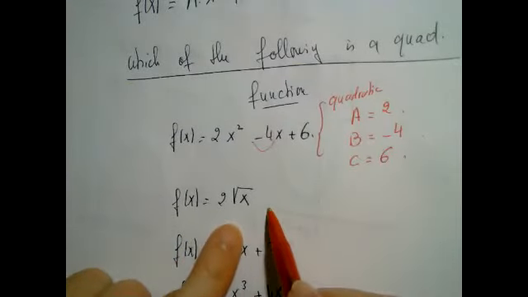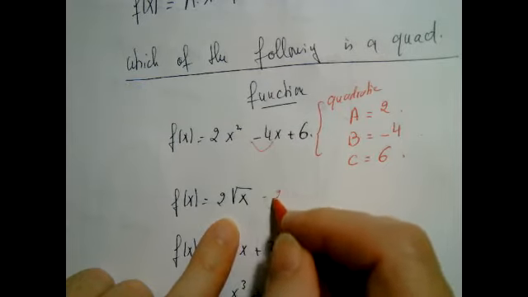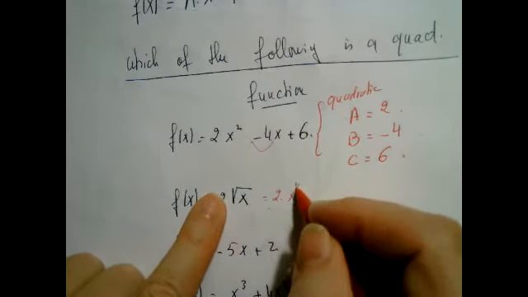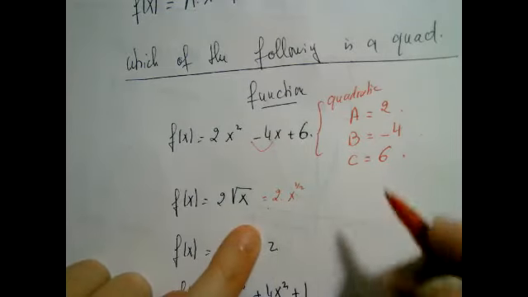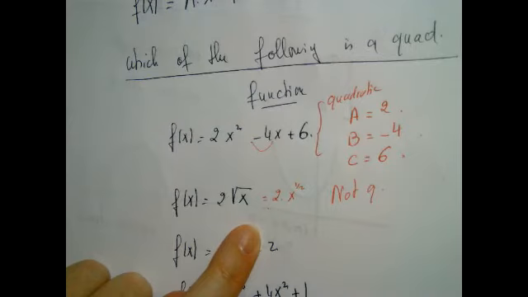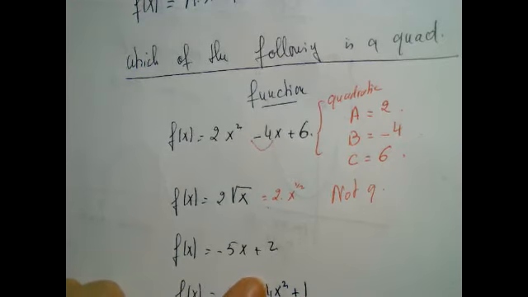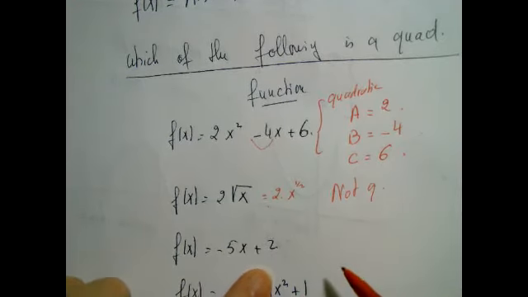Now, 2 square root of x. Is this a quadratic function? Yes or no? Remember, square root of x is x to the power one half. So definitely not quadratic. Quadratic has to be x squared. Absolutely not. Minus 5x plus 2. Is this quadratic?